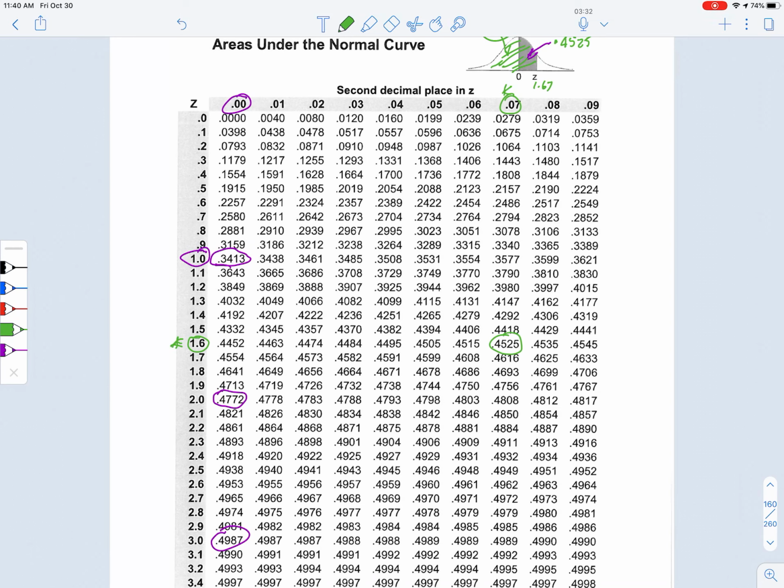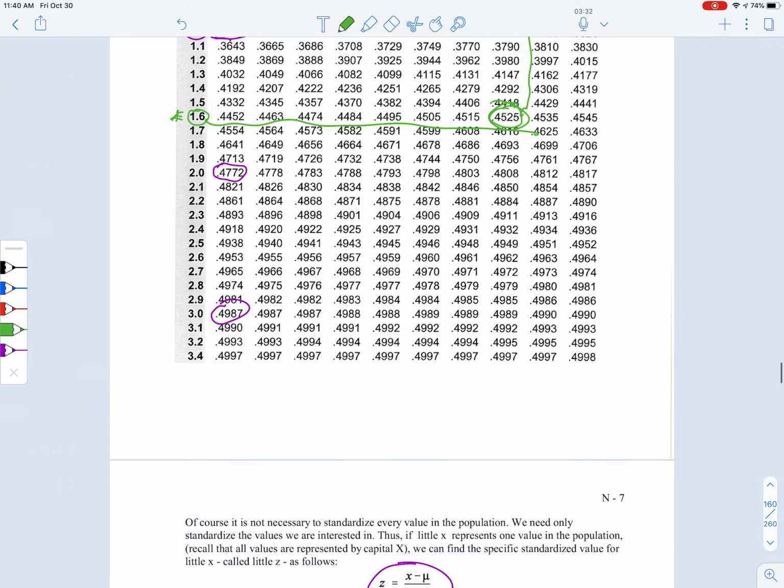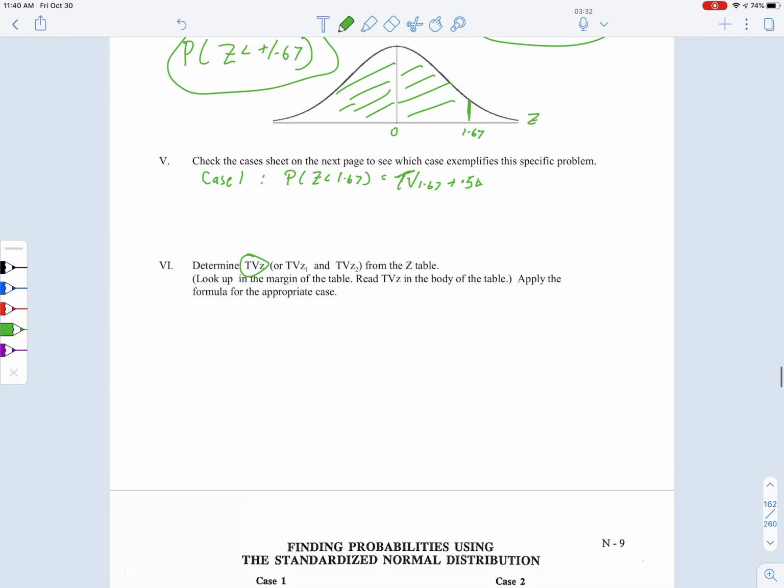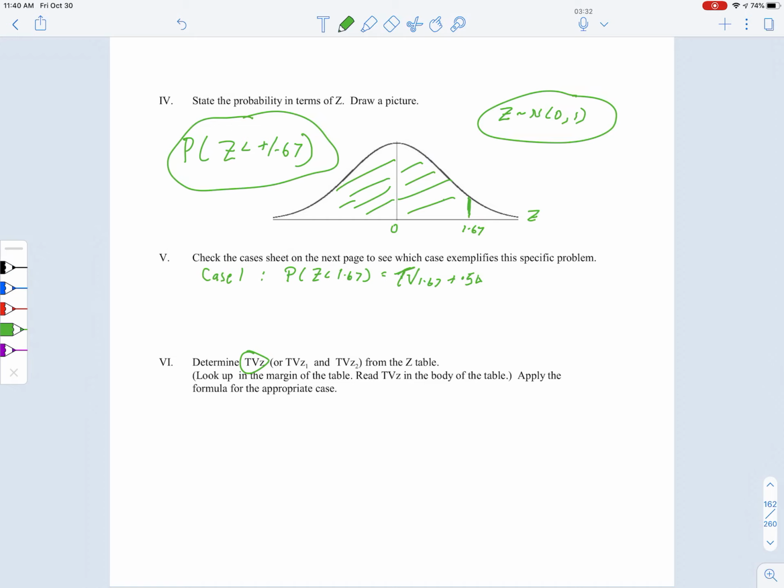1.6, pick up the second decimal place, 7, and that takes us to this number right here, which is 0.4525. And so what that's telling us is this is 45% and this is 50%.